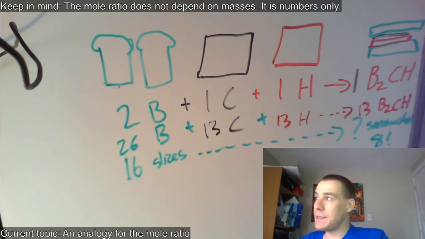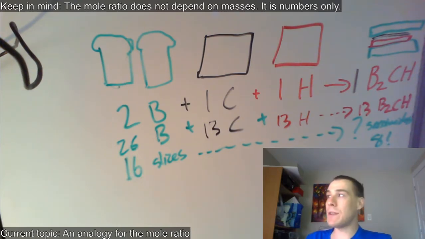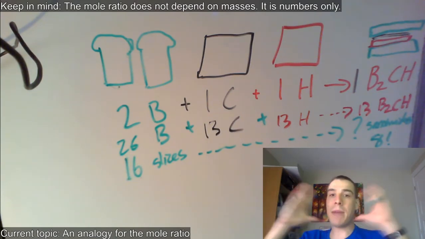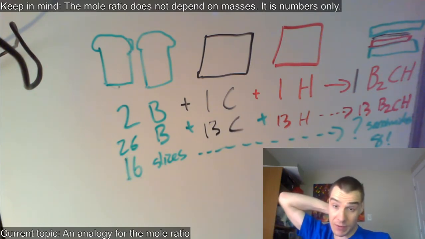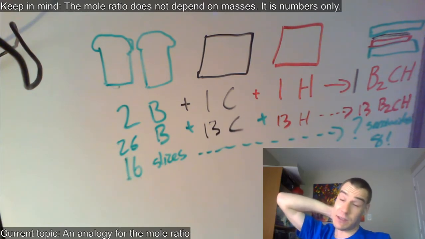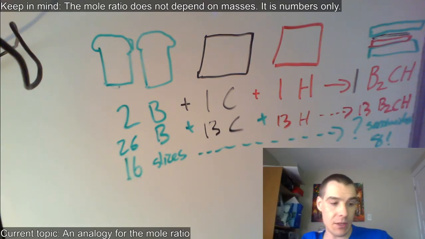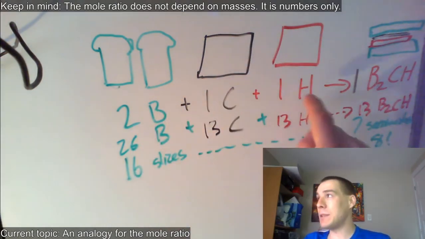Alright, so that's the mole ratio. The mole ratio, very simply, is just numbers. But instead of an actual, easy number to count, we've got a number of moles. So a number of the huge pack of atoms that we use. So that's the mole ratio. The mole ratio is a number. That means you could have a number ratio of 2 billion bread, 1 billion cheese, 1 billion ham.